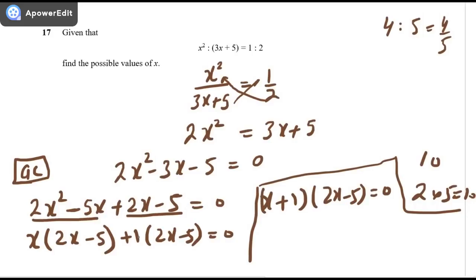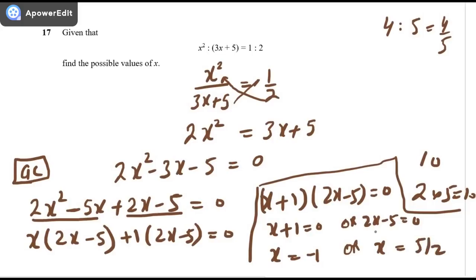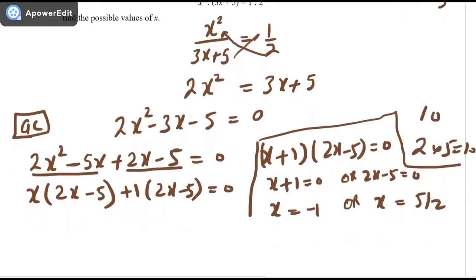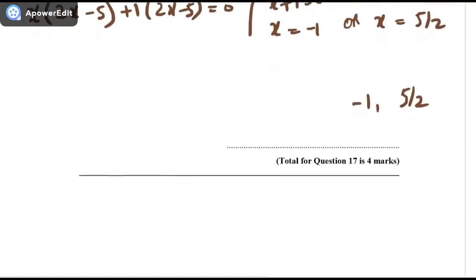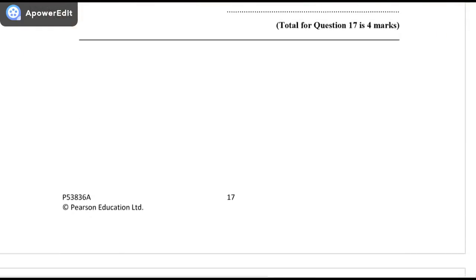So this is going to be x plus 1 equal to 0, or 2x minus 5 equal to 0. So x is equal to minus 1, and plus 5 goes on the other side, so x is 5/2, because this is solving the equation. So we got two values of x: minus 1 and 5/2. That's easy peasy. You get 4 marks for doing an easy question here.